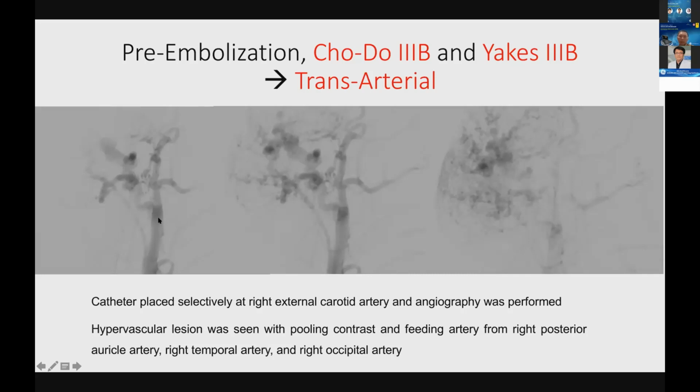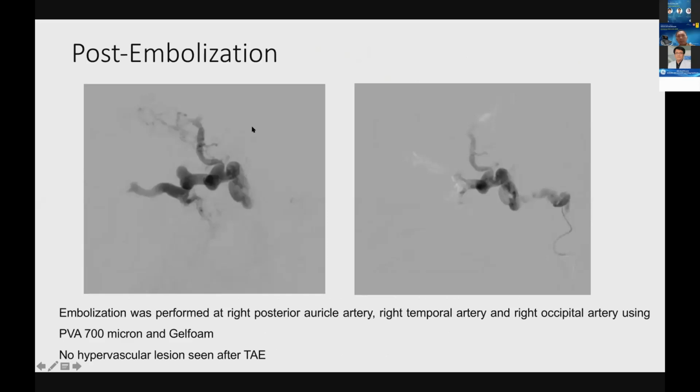The catheter was placed selectively in the right external carotid artery, and angiography was performed. A hypervascular lesion was seen, pooling contrast, with feeding arteries from the right posterior auricular artery, right temporal artery, and right occipital artery. This is the embolization procedure.